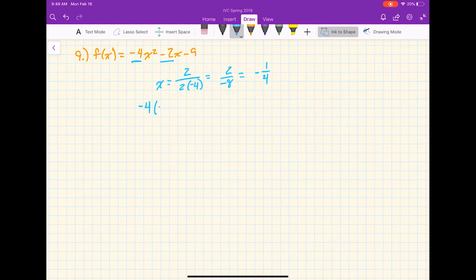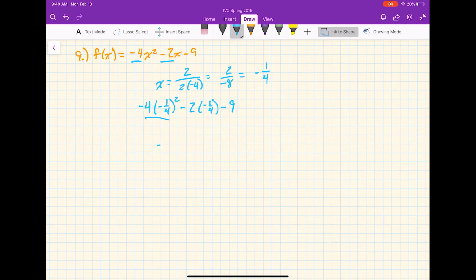So plug that into our original equation. Squared minus 2 times negative 1/4, and then minus 9. So much yuckiness here.